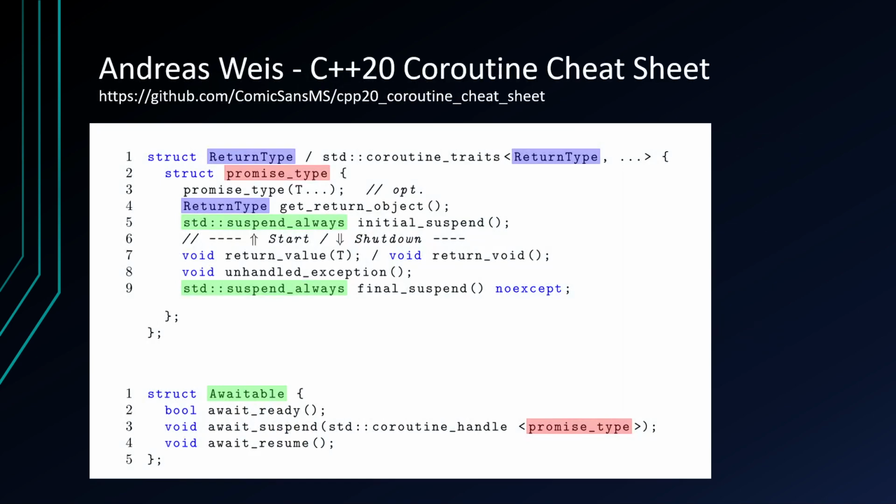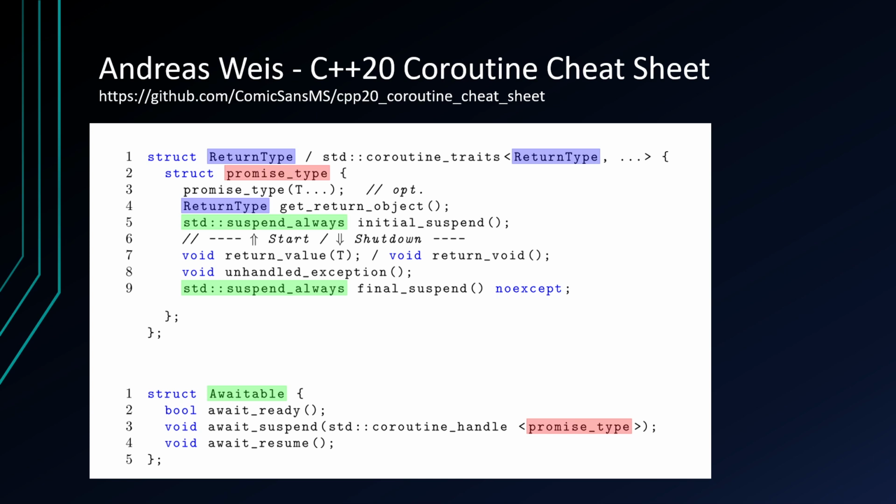Now, Andreas Weiss has put together a nice coroutine cheat sheet. This is out on GitHub, and I've just included a little bit of it here. So again, the return type is a class that we write that represents the client API for our coroutine. Now, he's got std::coroutine_traits there.